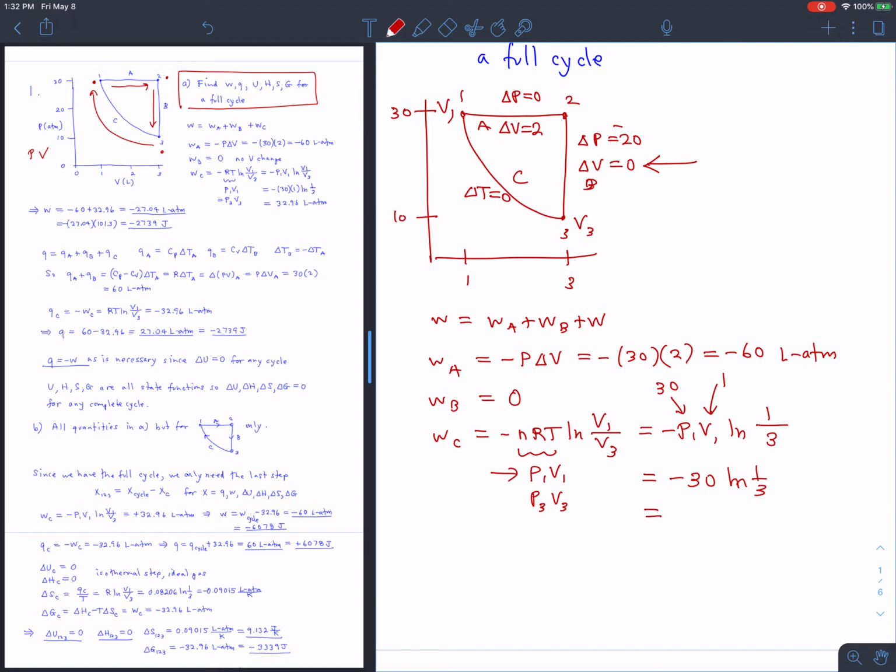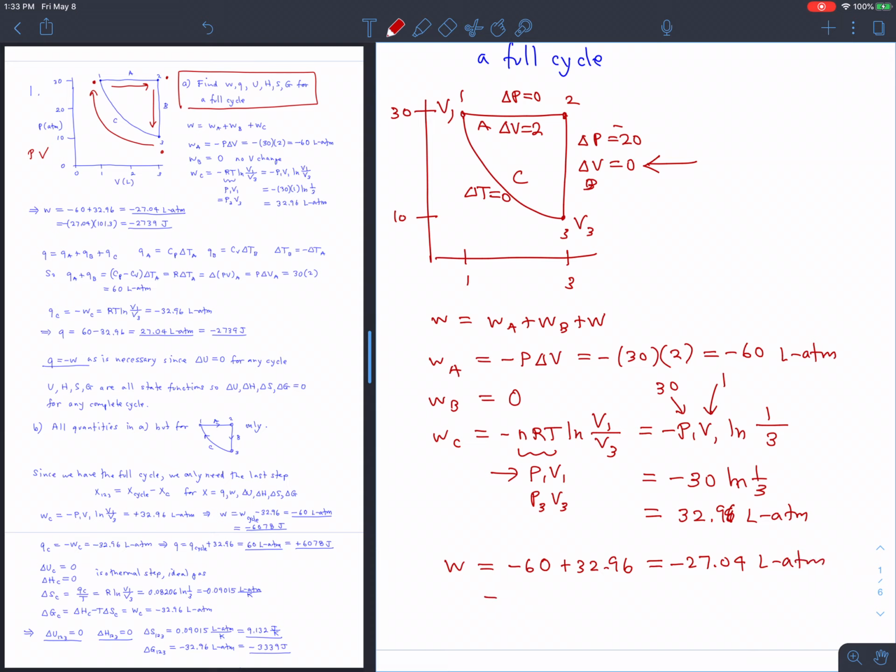And that turns out to be, looking over on the other page, 32.96 liter atmospheres. So overall, W is equal to the sum of all those, which is minus 60 plus 32.96, which is equal to minus 27.04 liter atmospheres.